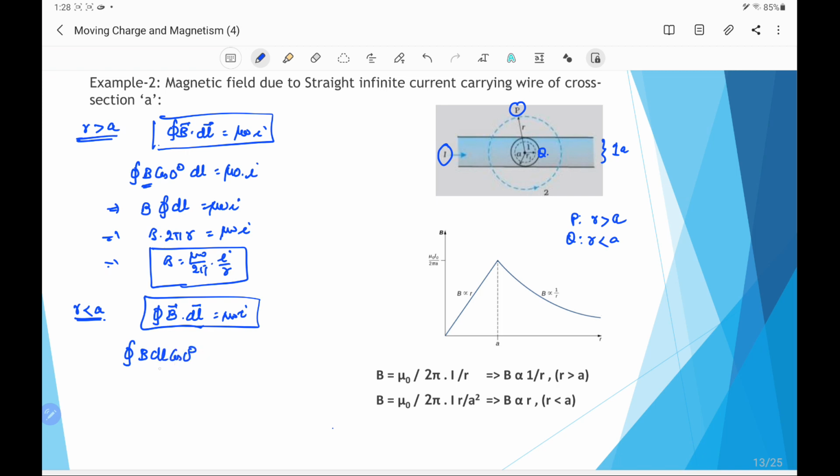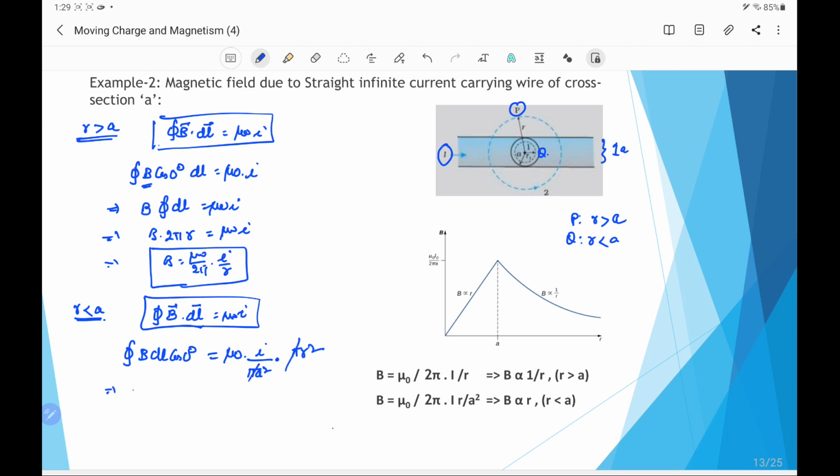Again here B and dl are parallel, so the angle between them is 0 degree as both are along the tangent, and it is equal to mu naught. Now what is the current enclosed by the Amperian loop? As the total current is I, and this current is distributed over the cross section pi A square, and the Amperian loop has the cross sectional area pi r square, so this pi and pi will get cancelled.